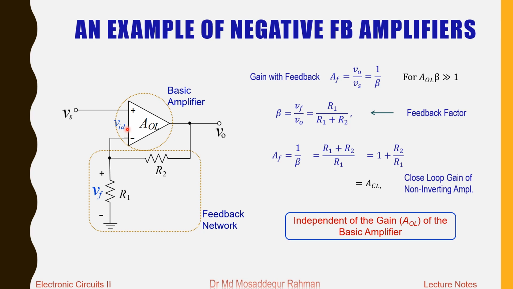But when you design the amplifier with the op-amp, the gain of the amplifier becomes independent of the open loop gain, as long as your product A beta is much larger than 1. It depends only on the feedback factor, which is R1 divided by R1 plus R2. And if we take the inverse, that is our gain expression for the non-inverting amplifier or this op-amp based feedback amplifier.